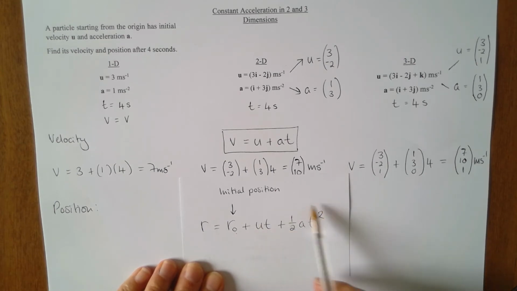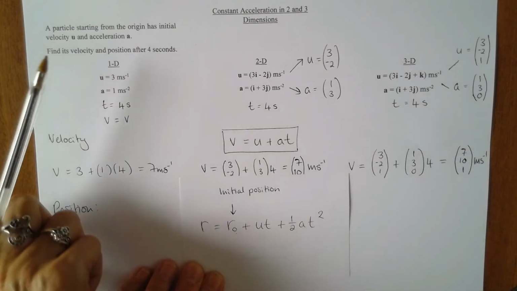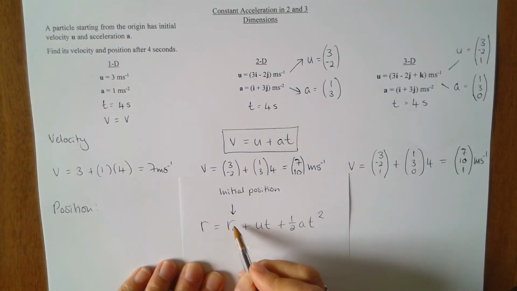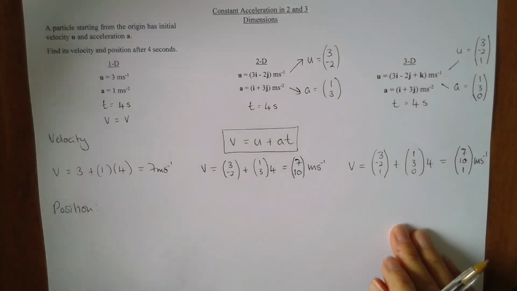So that's the usual displacement formula. Now in this case, the particle is starting from the origin, so its initial position is 0. And I'm going to show you later what would happen if that was not the case. But for now, I'm just going to use the shorter formula, leaving this out because it's 0.